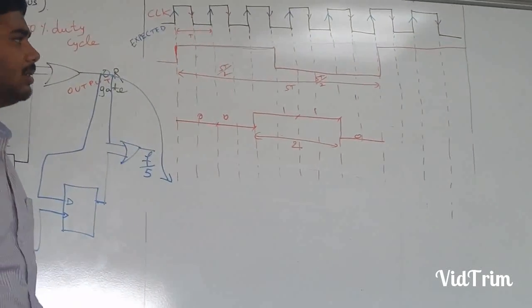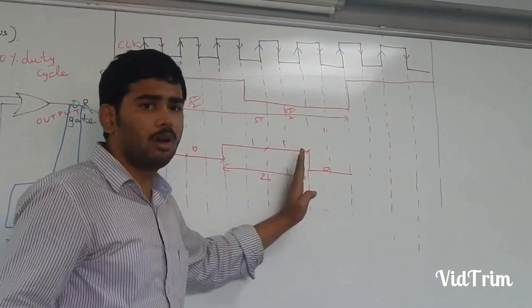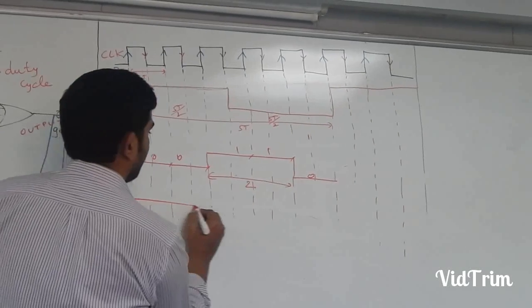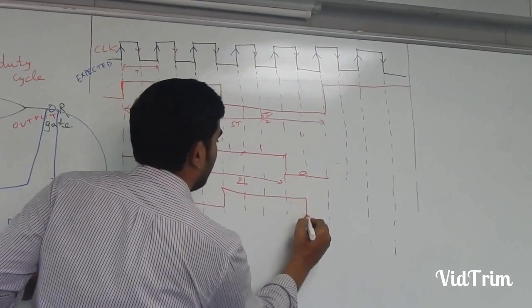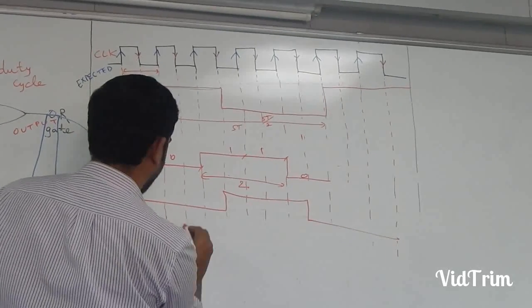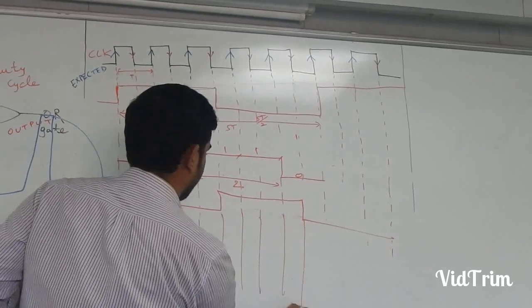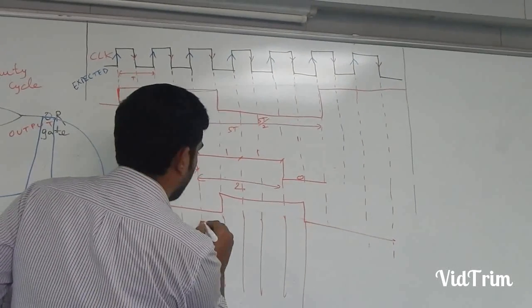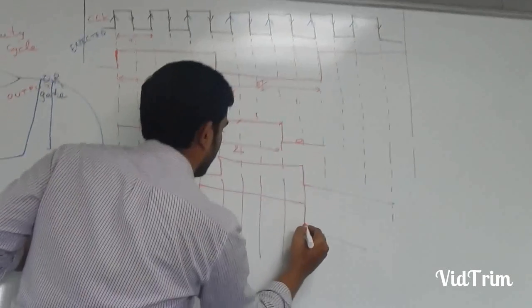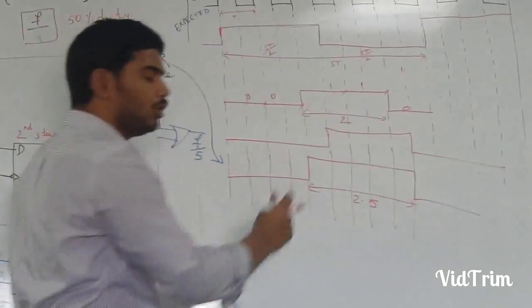So how can I make this? If I shift it by half a clock pulse and OR it, I will get 2.5.